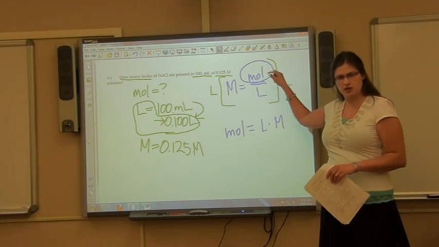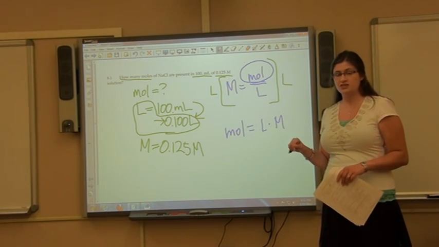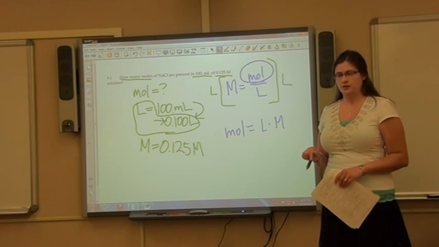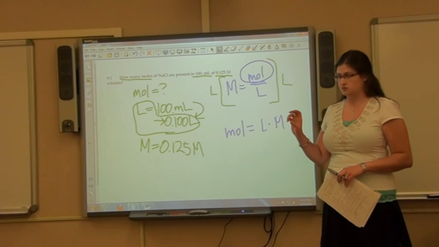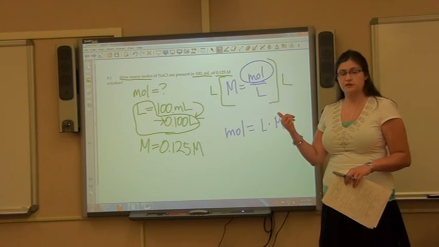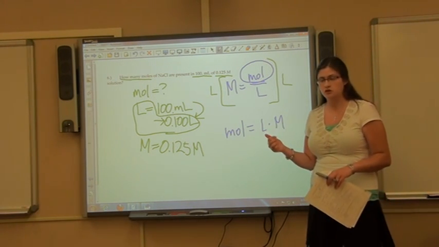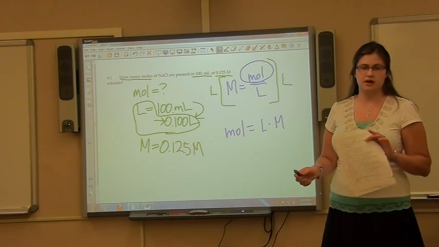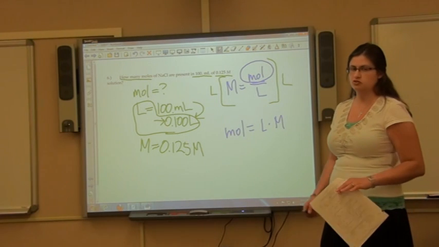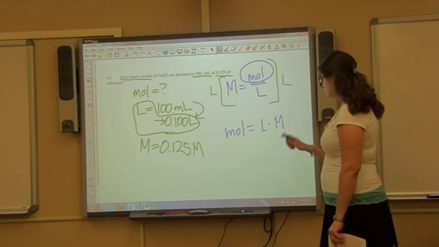Before you had mole on the right side. Now it's on the left side? What's that about? Well, I always like my question mark to be on the left side. So I'll just flip the two sides of the equation around. There's nothing wrong with that as long as you're not messing with any of the math. You're just flipping the sides around. That's totally legitimate.